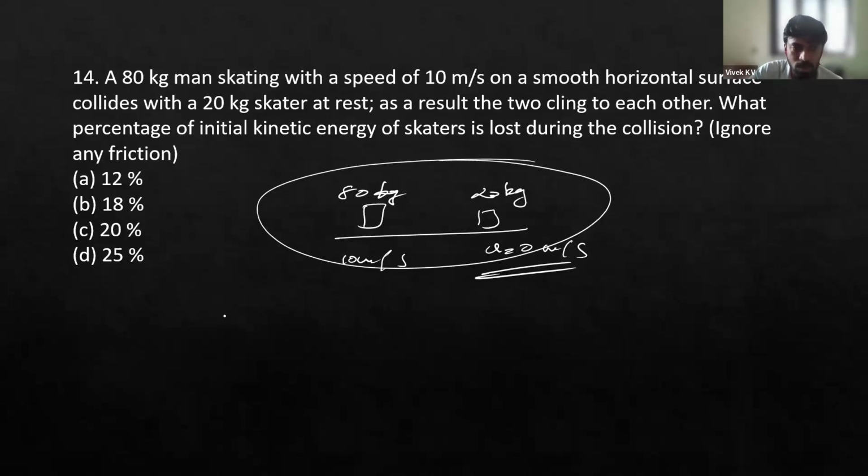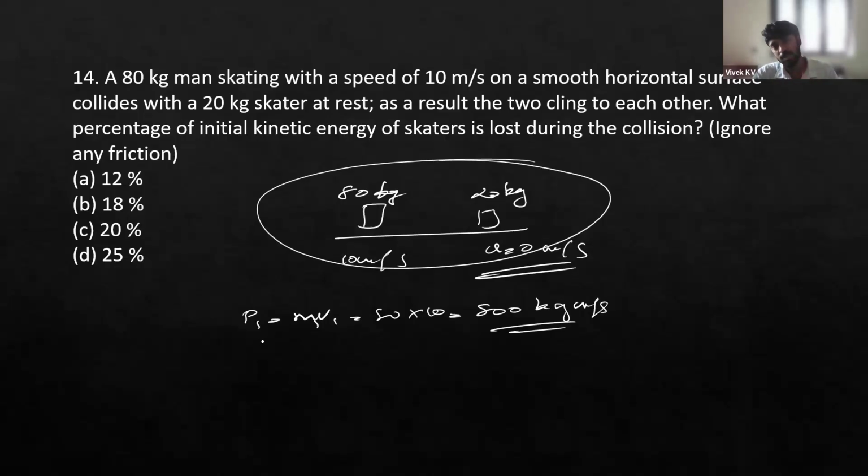So what is the initial momentum here? Initial momentum is m1 v1, that is 80 kilogram into 10, which is 800 kilogram meter per second. And the initial momentum for the second skater is 0 because it was at rest. Now what is the final velocity?